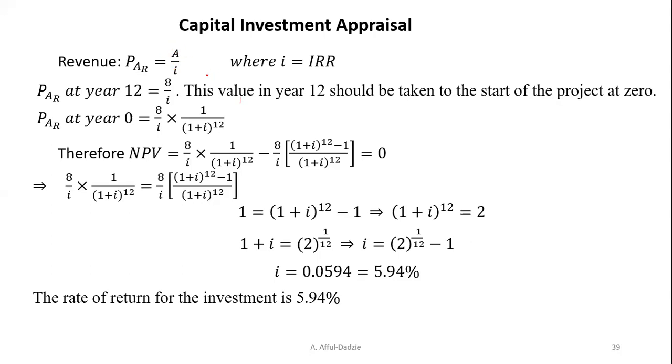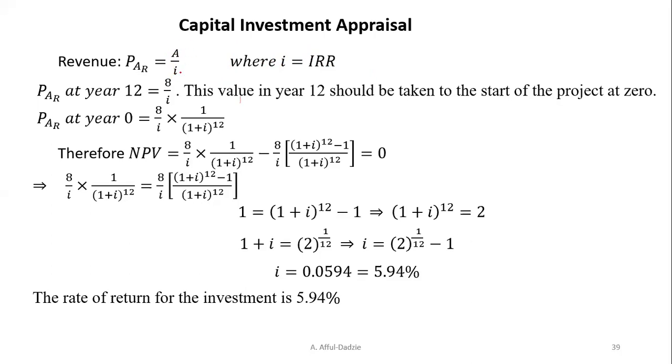The assumption is that our interest rate, or the internal rate of return, should be that interest rate at which our NPV would be equal to 0.